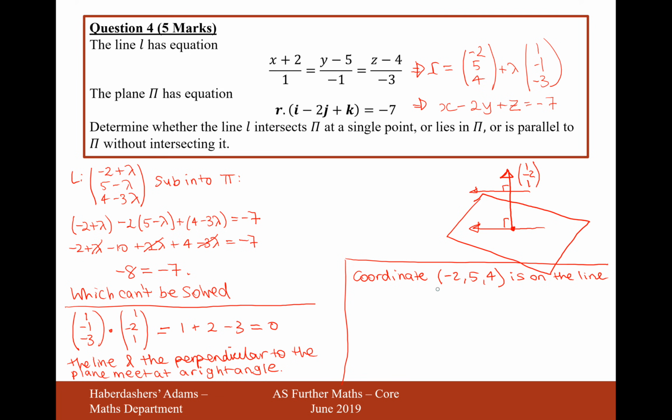So substituting x in, y in, and z in, I'm going to get minus 2 minus 2 lots of 5, and then plus 4, and that's going to equal minus 2 minus 10 plus 4, and that's going to equal minus 8, which does not equal minus 7, so therefore (-2, 5, 4) is not on the plane, so therefore the line is not contained within the plane, so therefore the line is parallel to the plane.